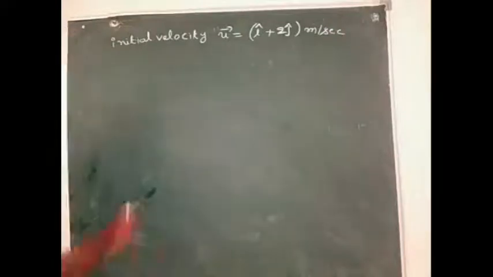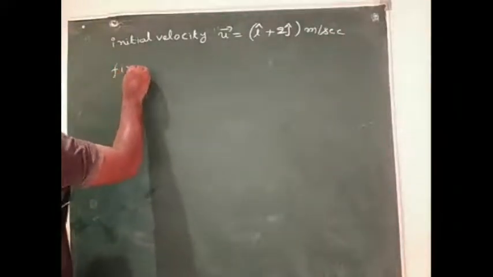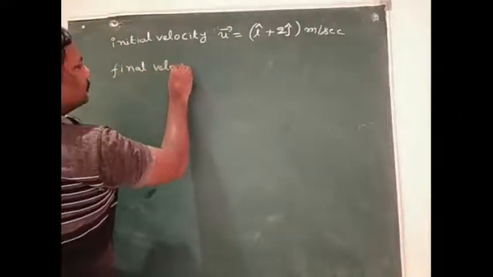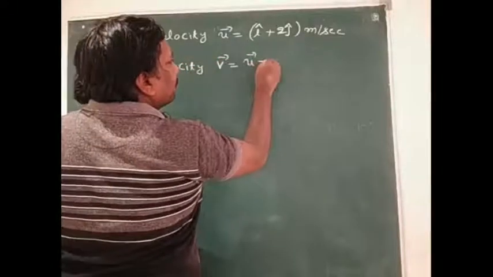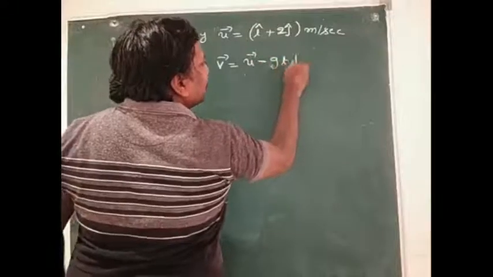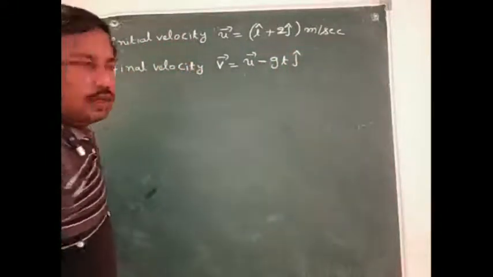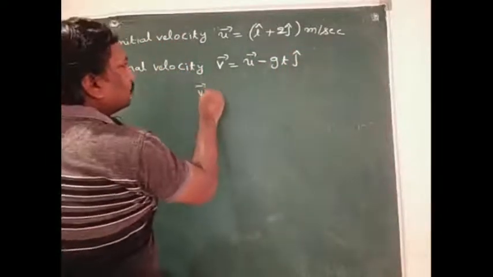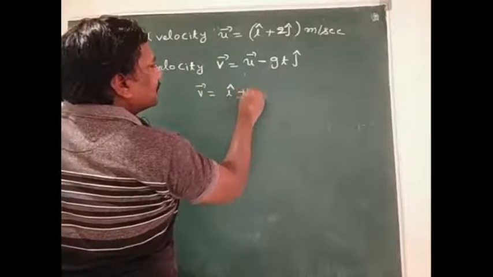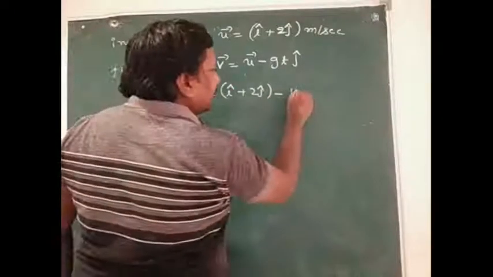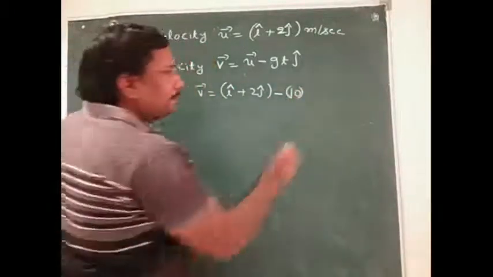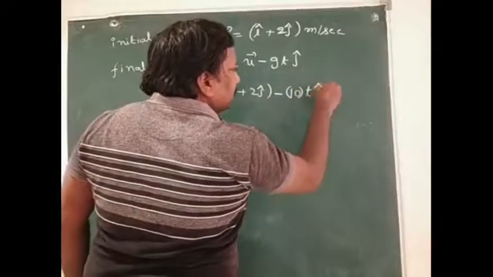Now the final velocity of the projectile, v bar, equals u bar minus g t j cap. So v bar equals i cap plus 2j cap minus, here g is 10, into t into j cap.